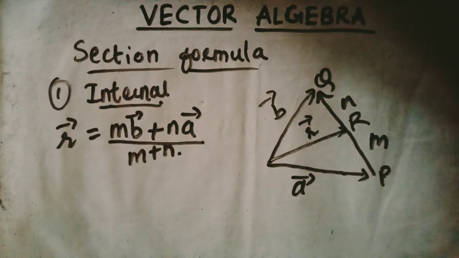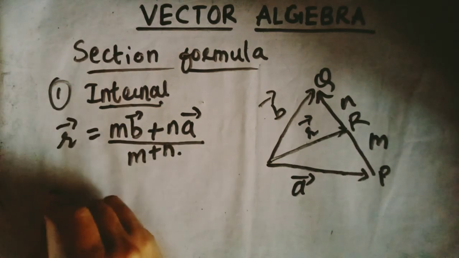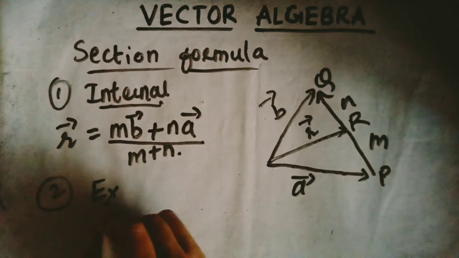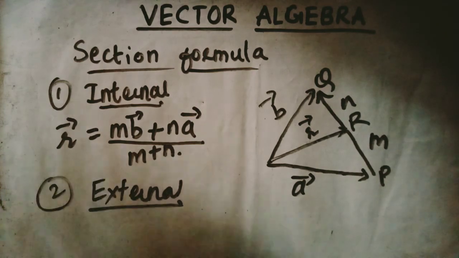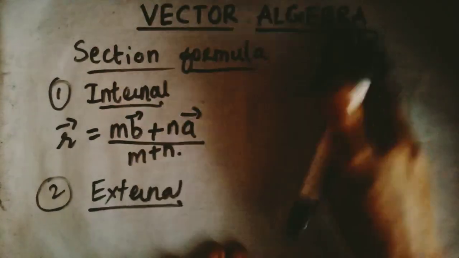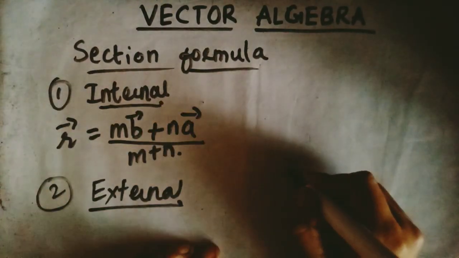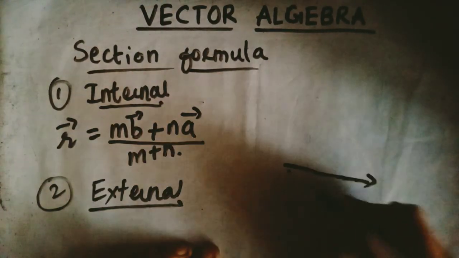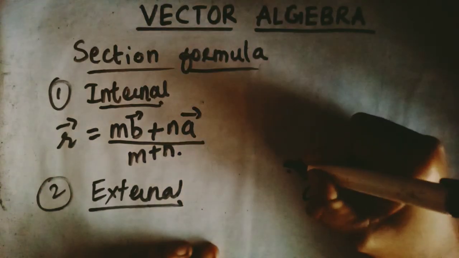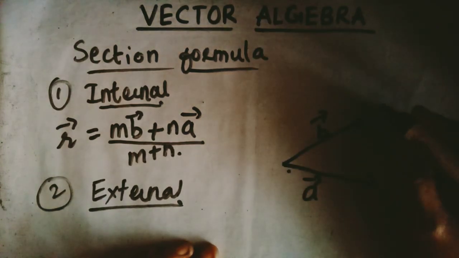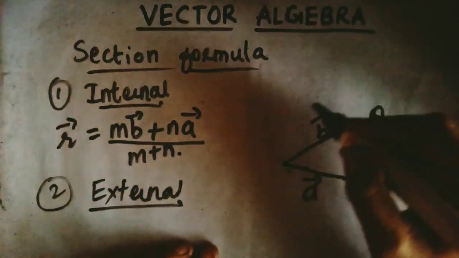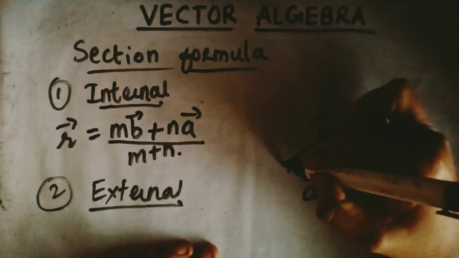When the division is external, the diagram will be A vector, B vector, this is PQ, and here there is the R vector.